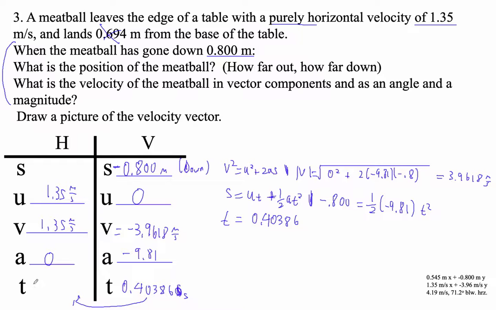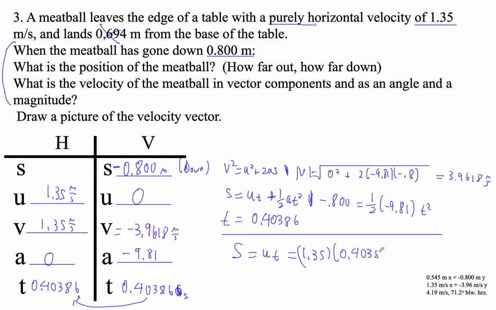And then of course we can fill this in too: 0.40386. And then in the horizontal direction, we can go s is ut. The 1/2 at squared isn't there because there's no acceleration. So it's 1.35 times 0.40386 roughly.